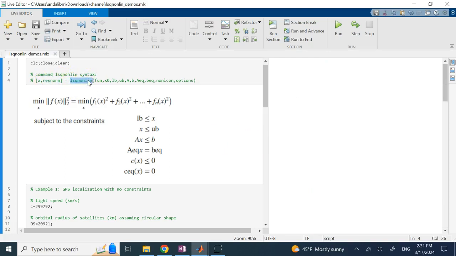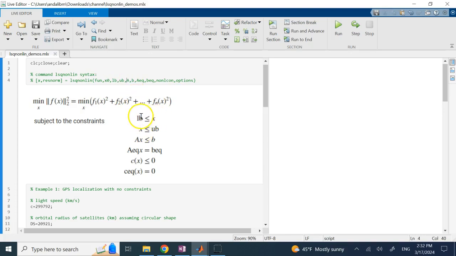This command is a powerful command, and it has lots of things. The first one is the function that is giving me all of these f1, f2, fn, all these functions that ideally should be 0. x0 is my initial guess. Lower bound and upper bound are the vectors of lower and upper bound on the parameter x.